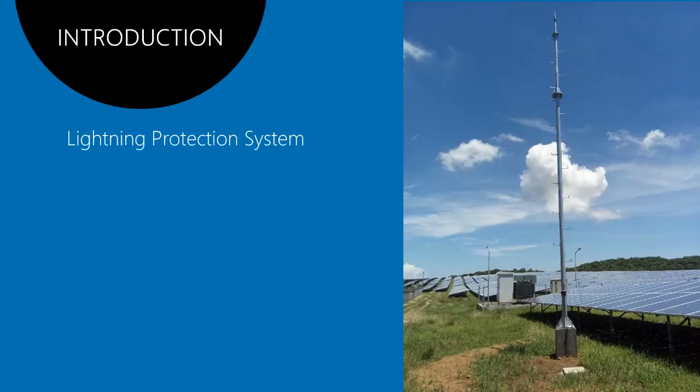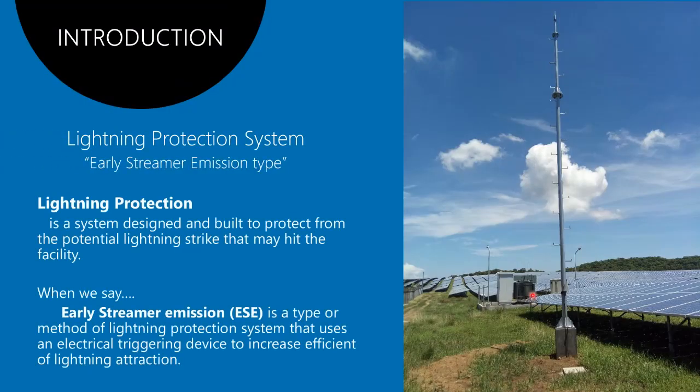Before going through the discussion, let's first define what a lightning protection system is. A lightning protection system is designed and built to protect from the potential lightning strike that may hit the facility. I also want to give a description of what early streamer emission is, because some are confused between the lightning protection system and the early streamer emission.